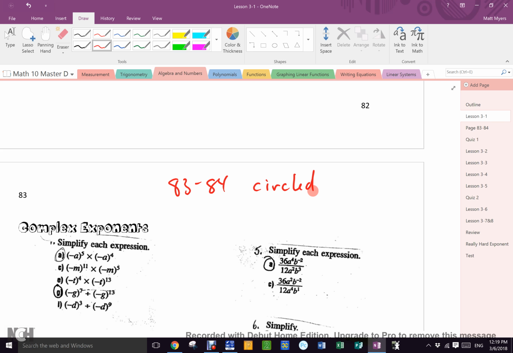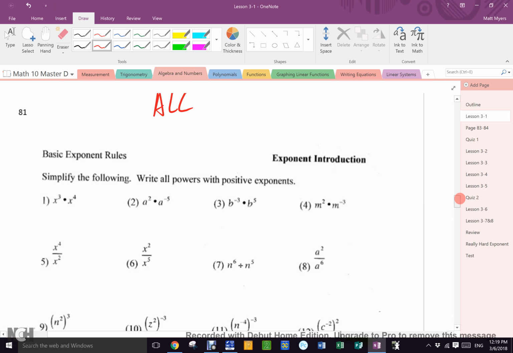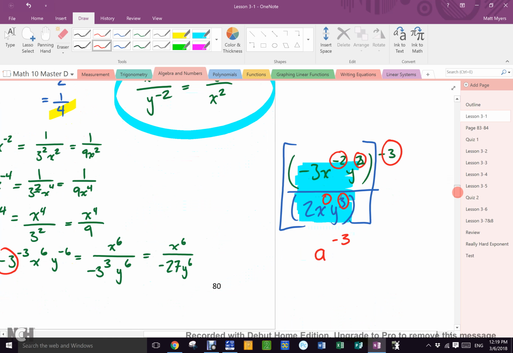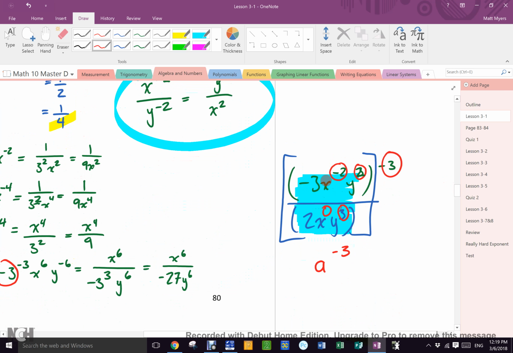All right? For which? For 81 to 84? As much as you feel you need to. I can't stress this enough. If you try to do this stuff in your head, I can do that in my head. Can you?